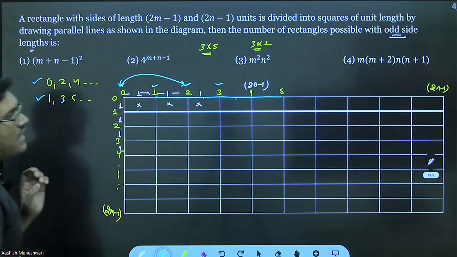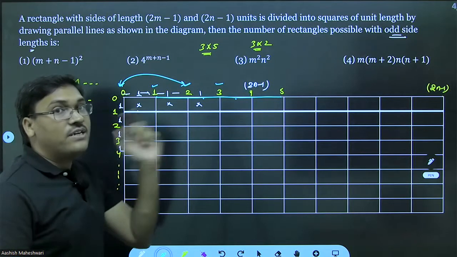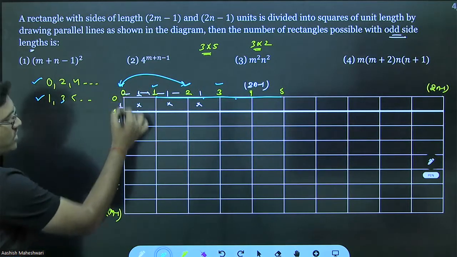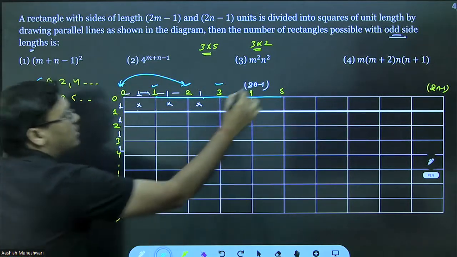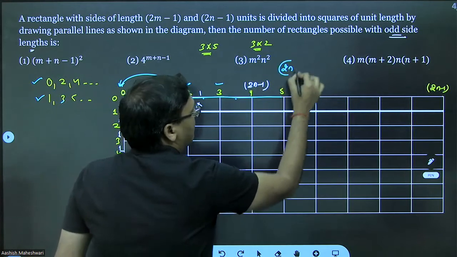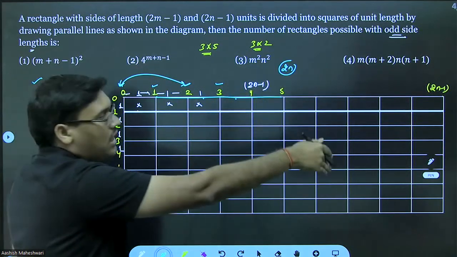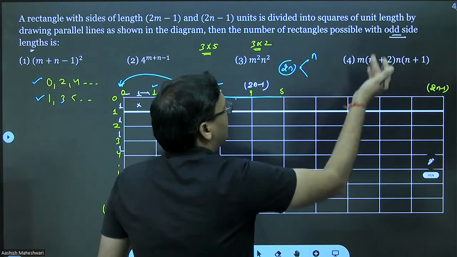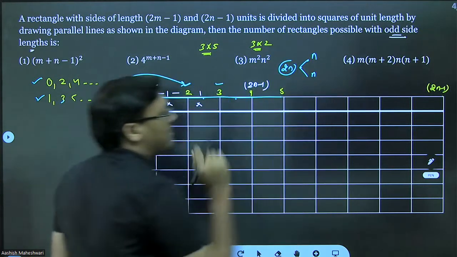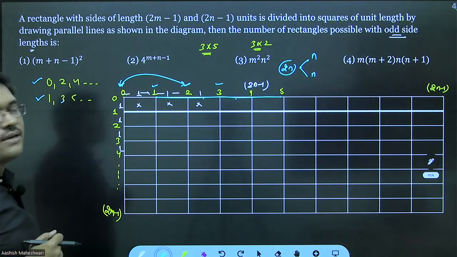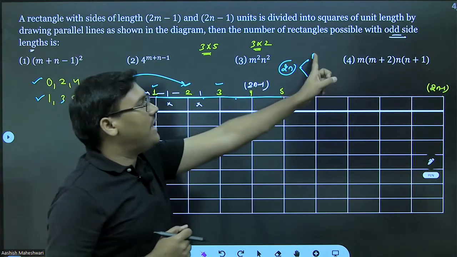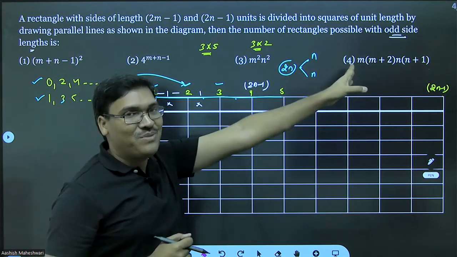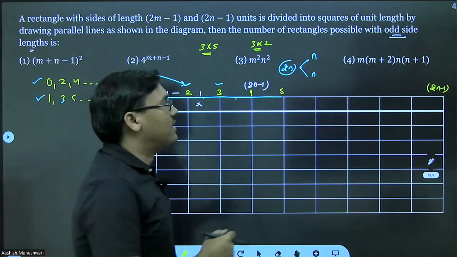So in how many ways can I select one even numbered line? Total how many lines do we have? 2n lines, from 0 to 2n minus 1. We have total 2n lines. Correct? 2n vertical lines. Out of these 2n vertical lines, we have n even numbered lines and n odd numbered lines, right?